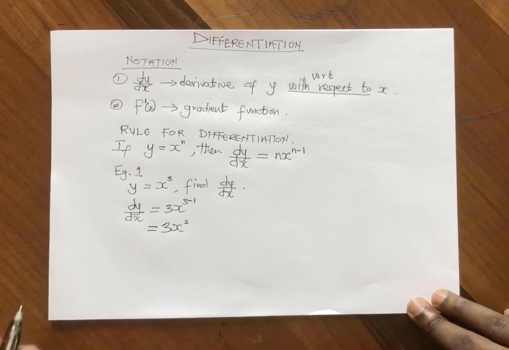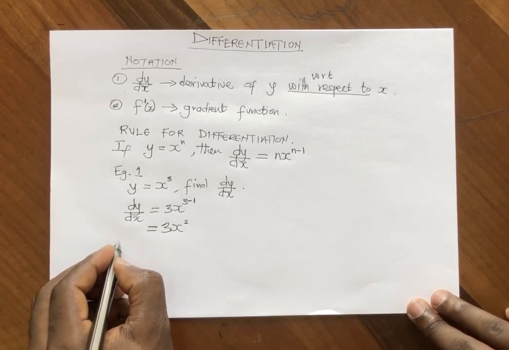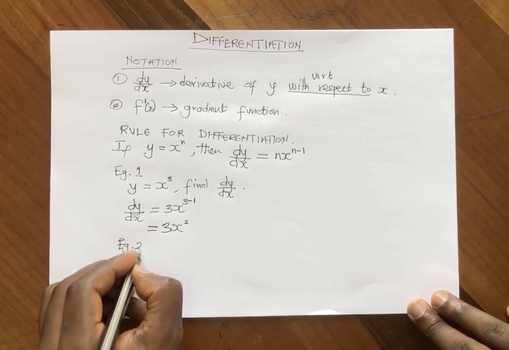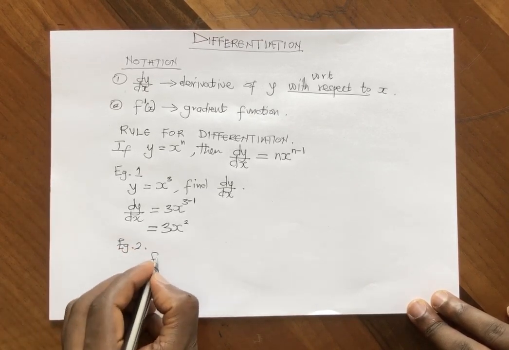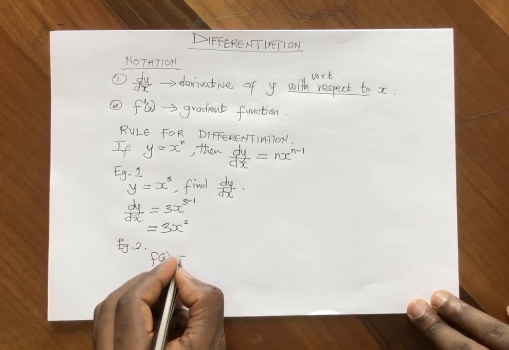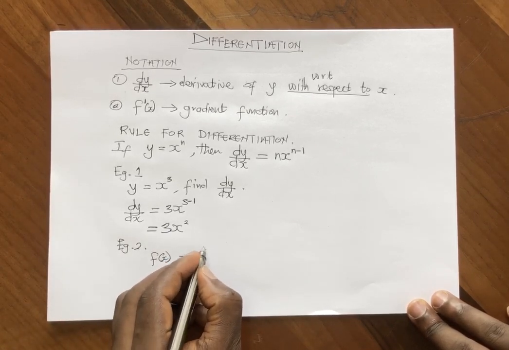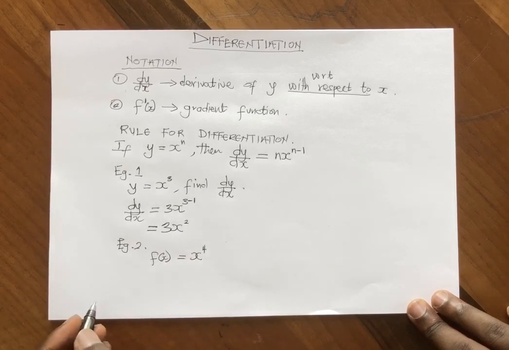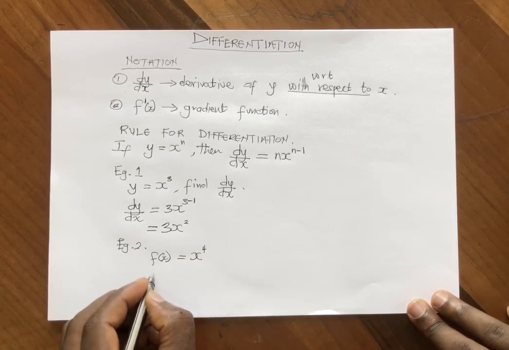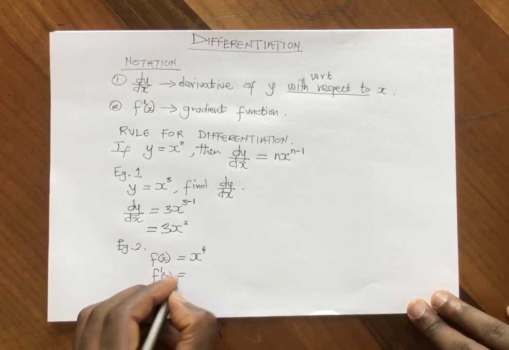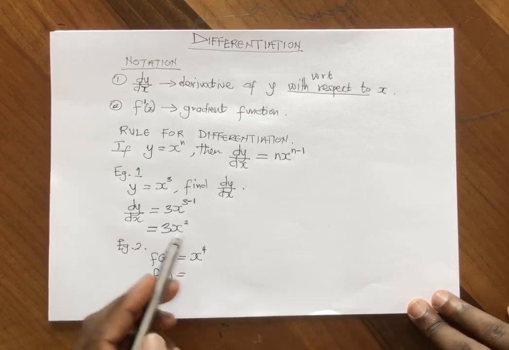All right. Let's practice another example. Example 2: f of x is equal to x raised to the power 4. So f prime of x is the same as dy dx.